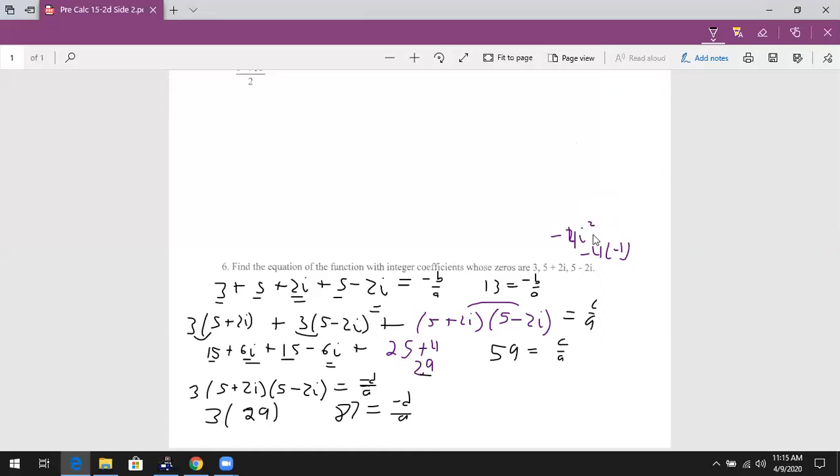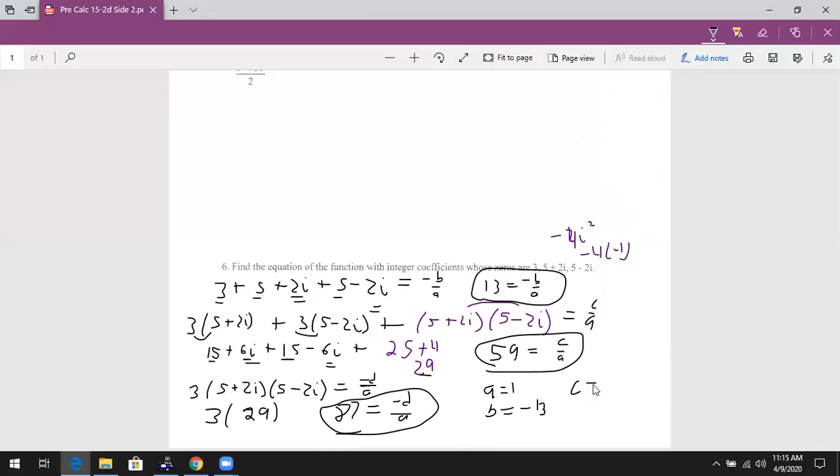And if you look at all of these, none of them are over a fraction, which means the a value is 1. A negative b is a positive 13, so b is negative 13. C is 59.